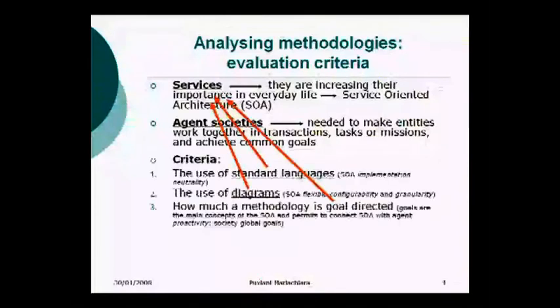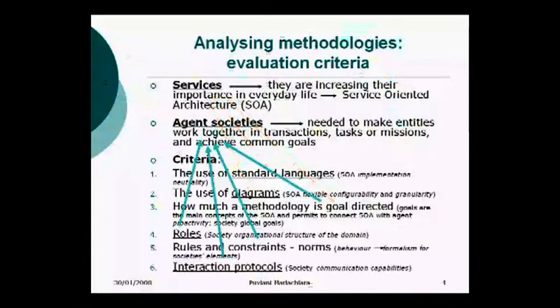The criteria are the use of standard languages, that is connected to service-oriented architecture features, like the use of diagrams, and the use of goals, that is connected to both service-oriented architecture and society. Then we use rules and constraints and interaction protocols that are connected to agent society features.